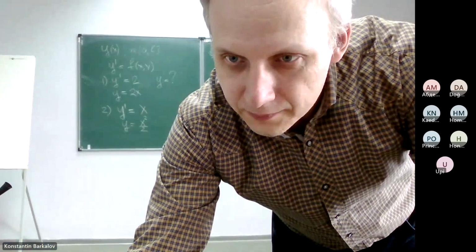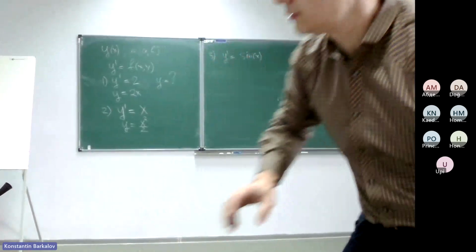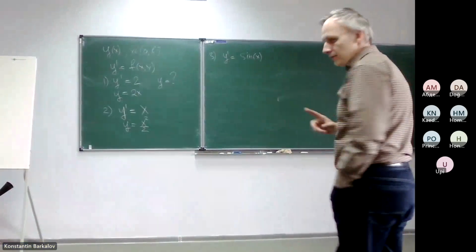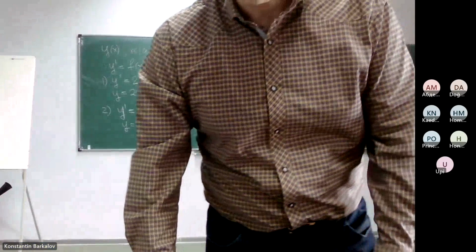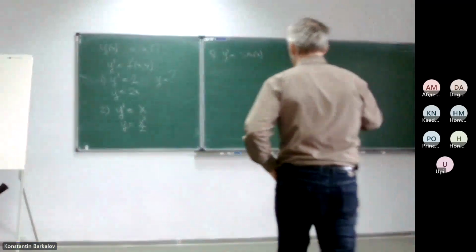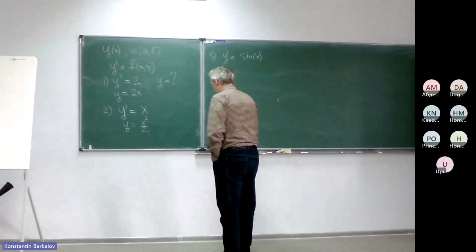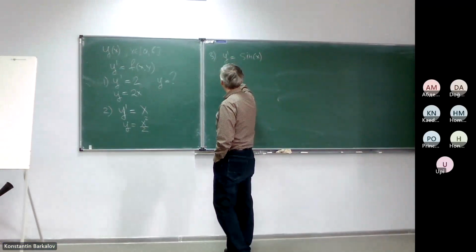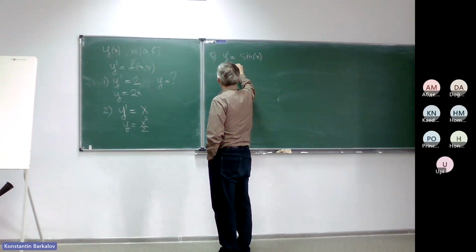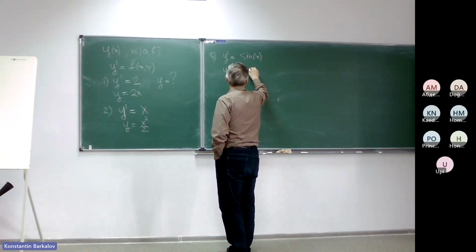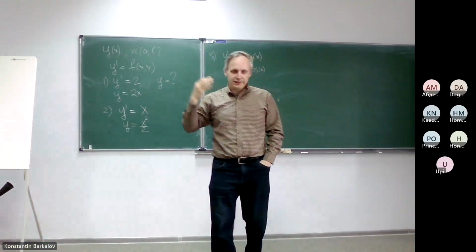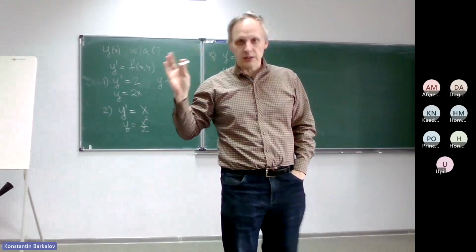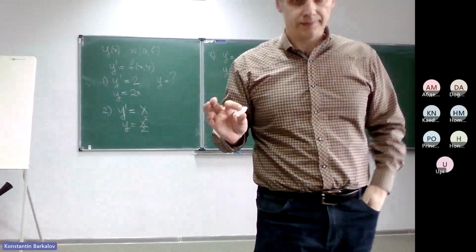Well, minus cosine, right? But minus cosine x is not a complete answer. I will explain now. Y of x equals minus cosine x is a correct but not complete answer.